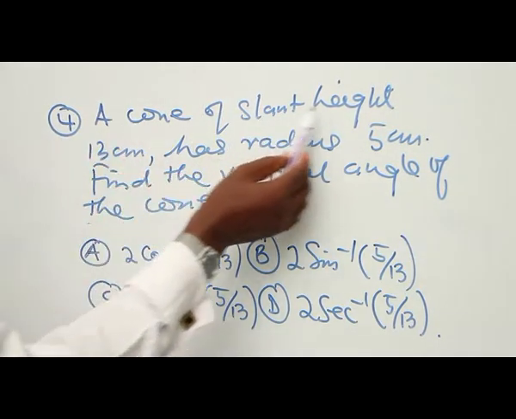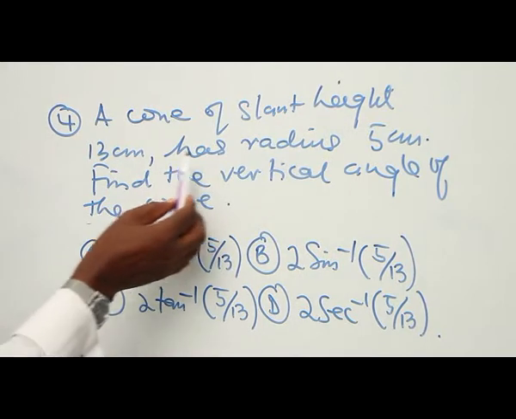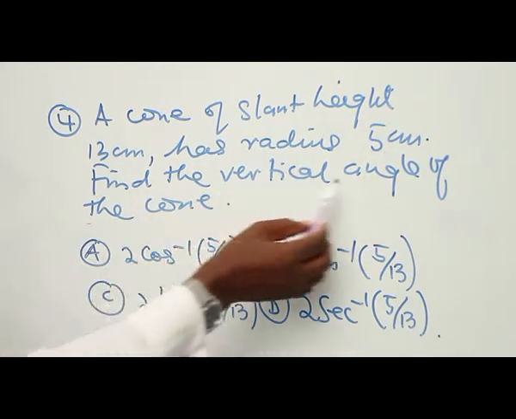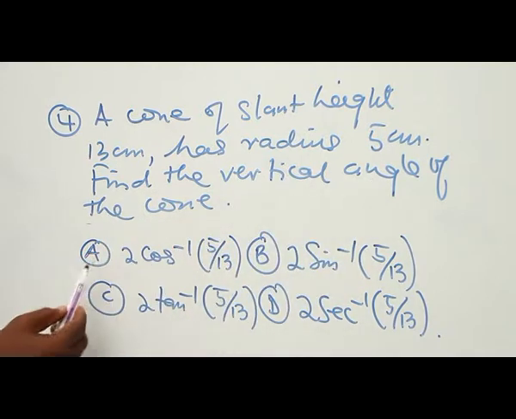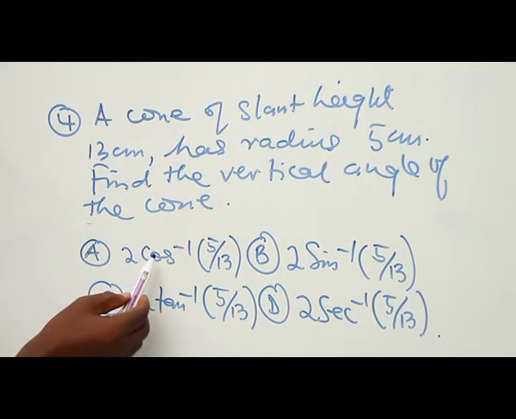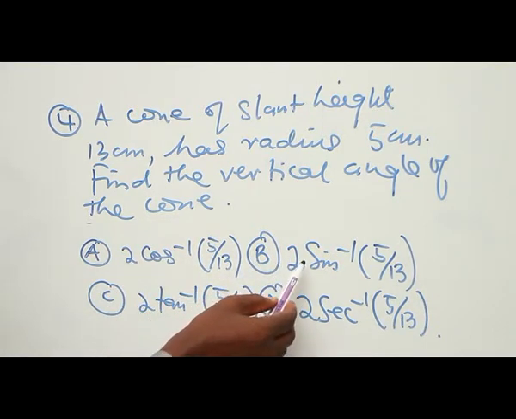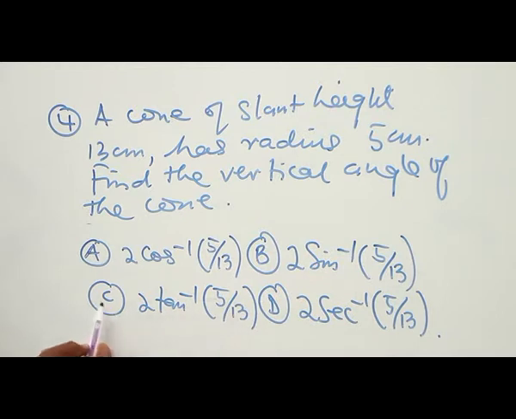A cone of slant height 30 centimeters has radius 5 centimeters. Find the vertical angle of the cone. A, 2 arccos 5/13. B, 2 arcsin 5/13. C, 2 arctan 5/13. D, 2 arcsec 5/13.